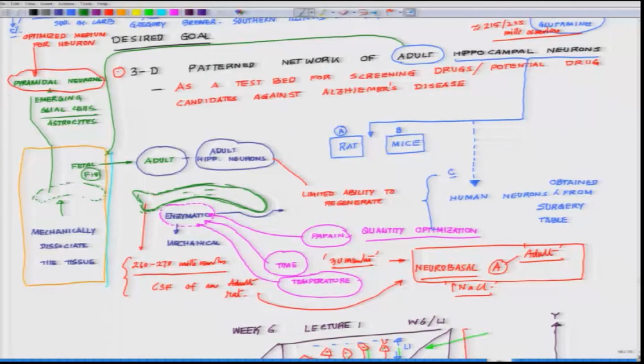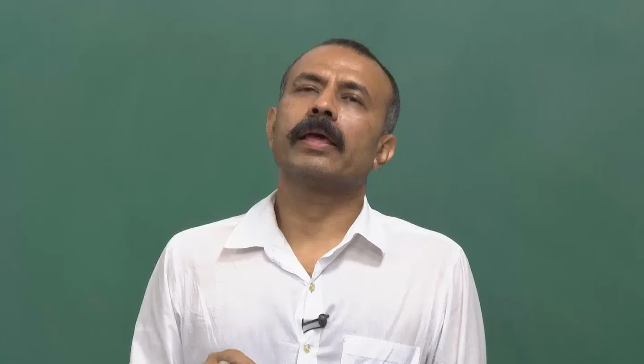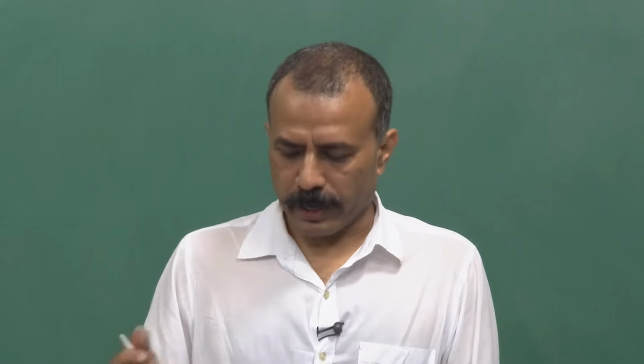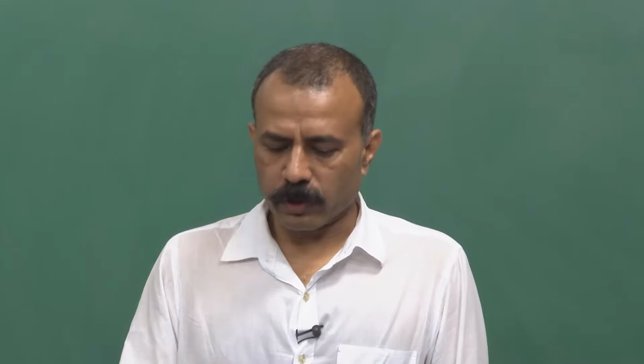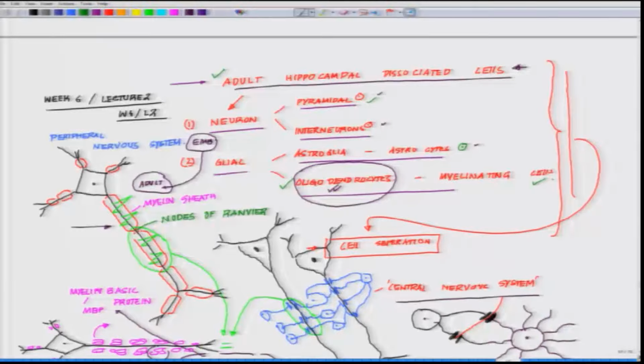The way you are achieving it is that first of all you have to isolate the individual cells and you have to re-establish the contact. So, this is the population you are getting: pyramidal cells, interneurons, astroglia, oligodendrocyte.